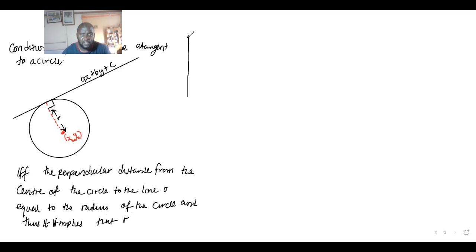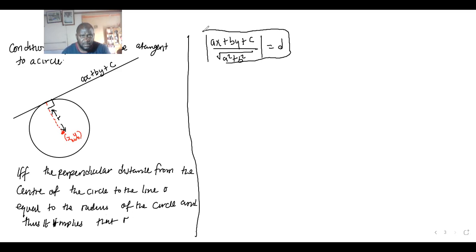can be got from the expression for the perpendicular distance of a point from a line. You remember the perpendicular distance of a point from a line? It is given by the equation of the line over the square root of the sum of the squares of the coefficients. This is what we call the perpendicular distance of a point from a line.